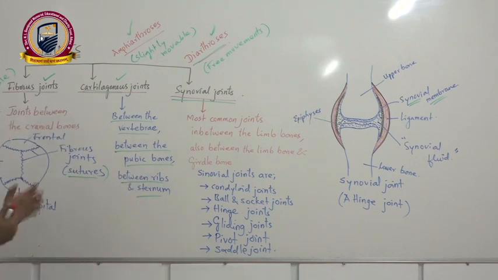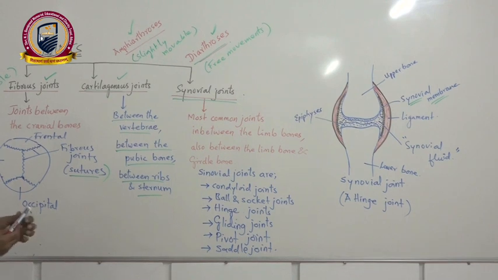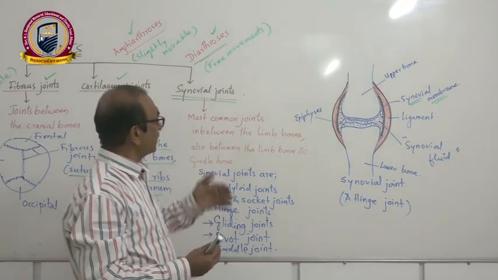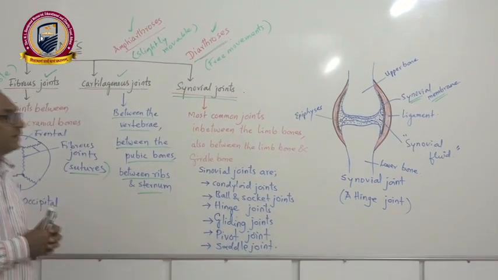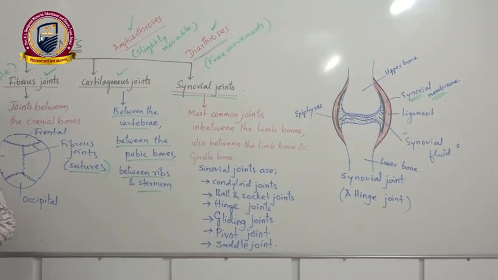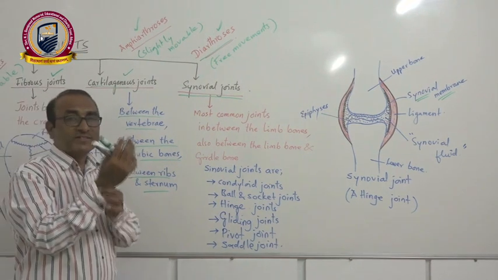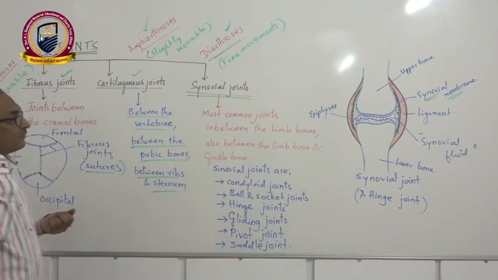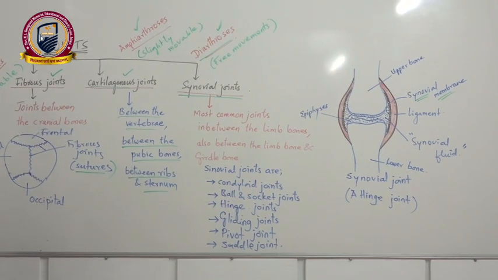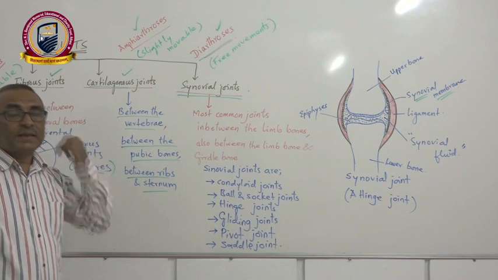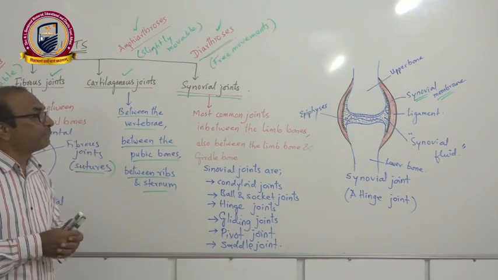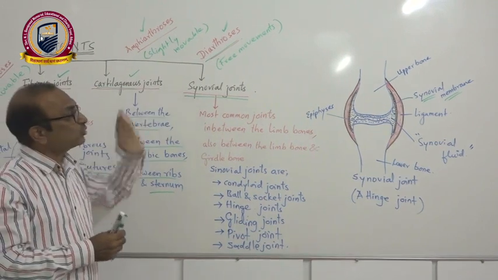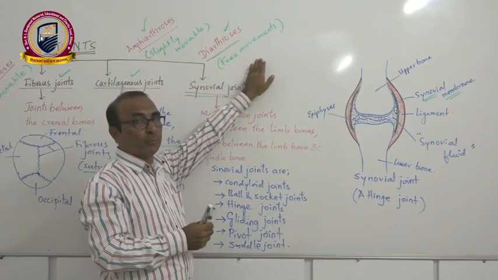See where they are: between the limb bones, between the limb and the girdles, between the phalanges, between the wrist bones, between the first and second vertebra, and between the skull and the first vertebra of the vertebral column. All these are synovial joints which allow free movements.